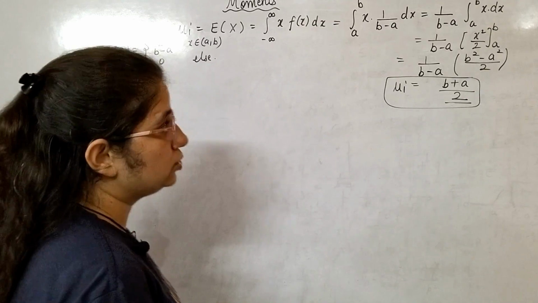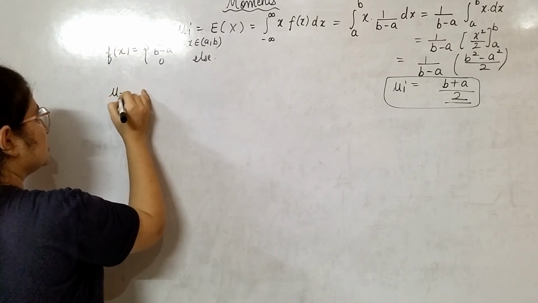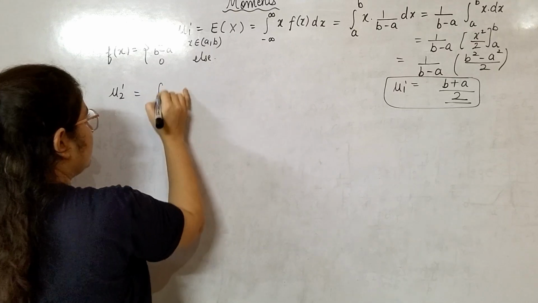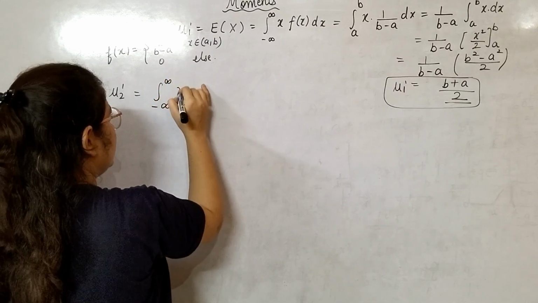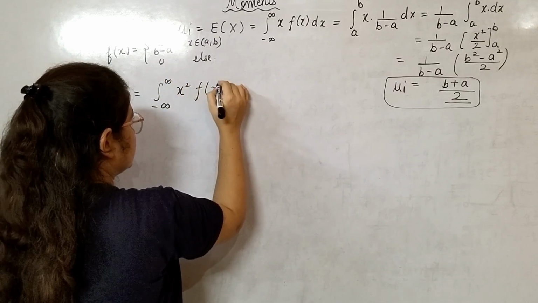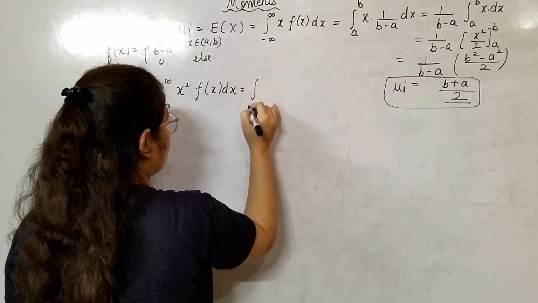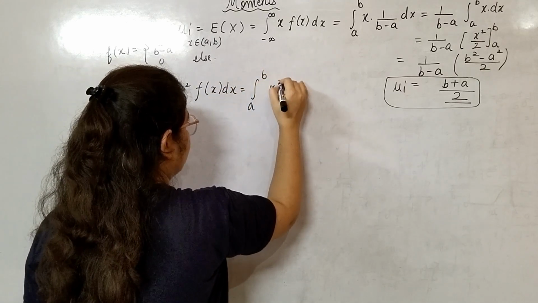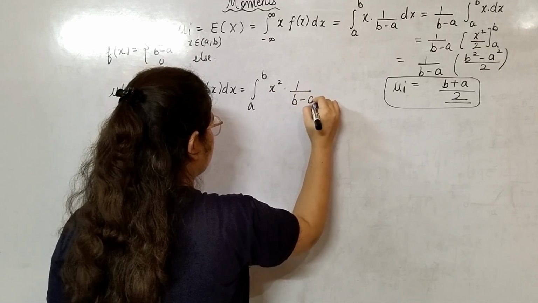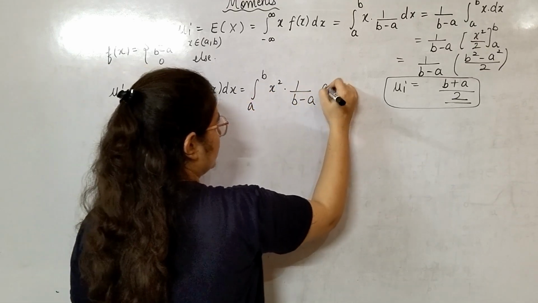Now for mu2 dash, how will we proceed? In the same way, for mu2 dash it is the integral from minus infinity to infinity of x square f(x) dx. So, for the same reason, I have taken the limits from a to b only.